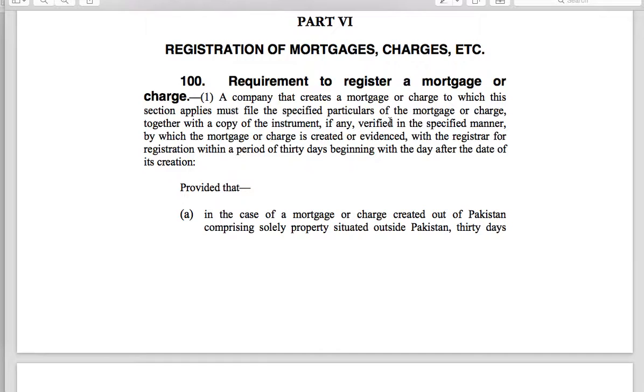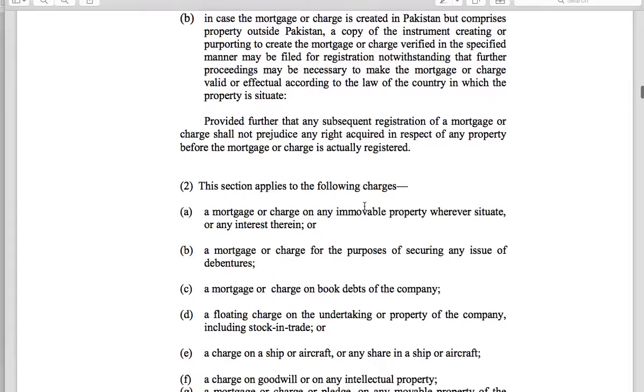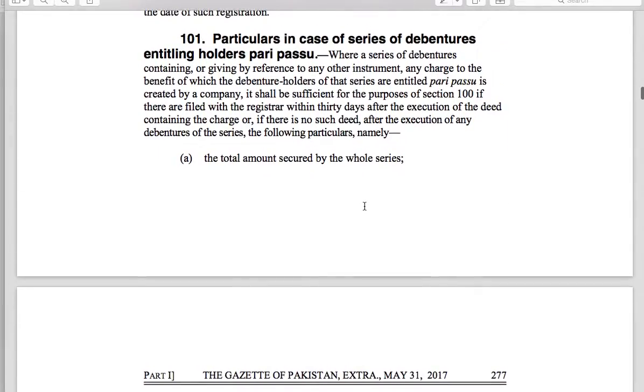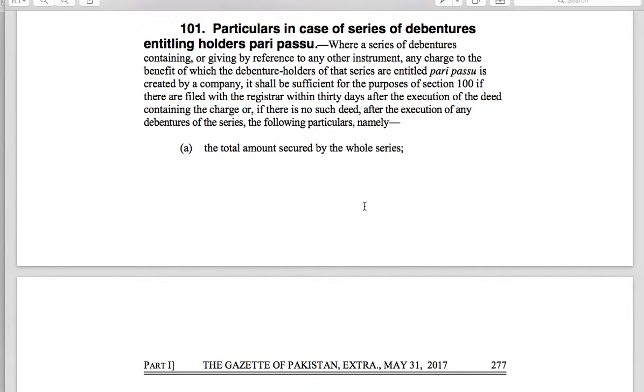So, to protect the interest of the public as well as shareholders, directors, and other stakeholders, if the directors decide to mortgage or pledge any property, that has to be registered with the registrar so the other people know, and obviously the shareholders will be told in the annual general meeting.